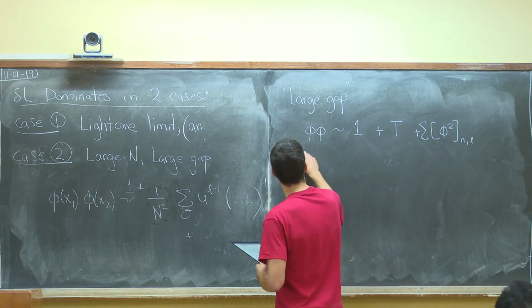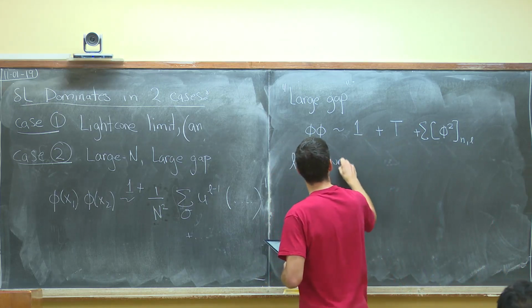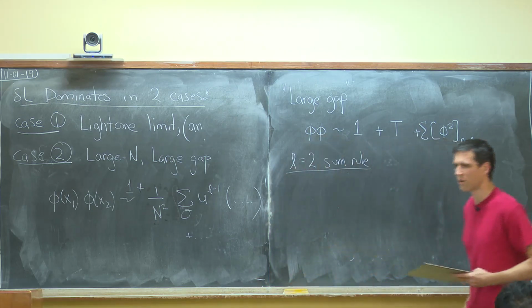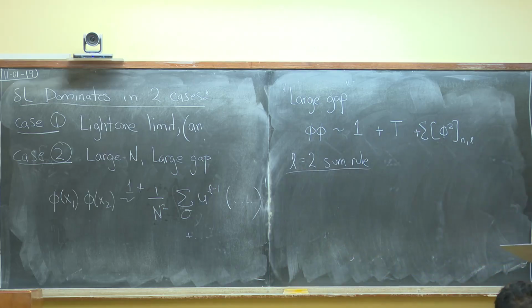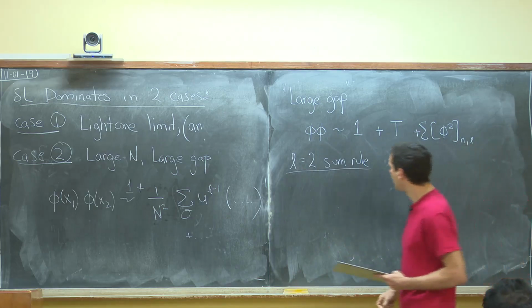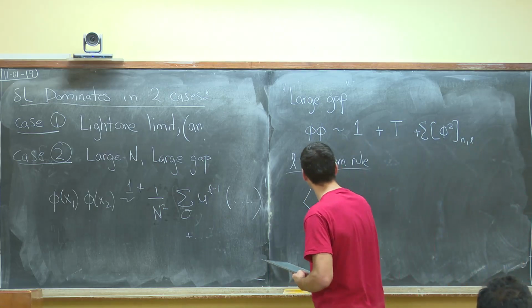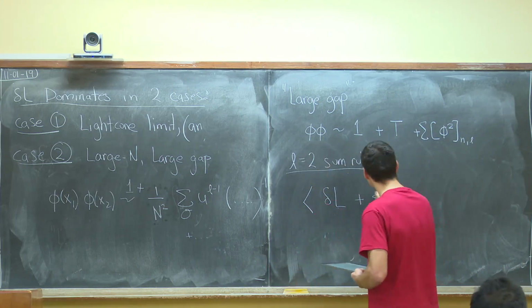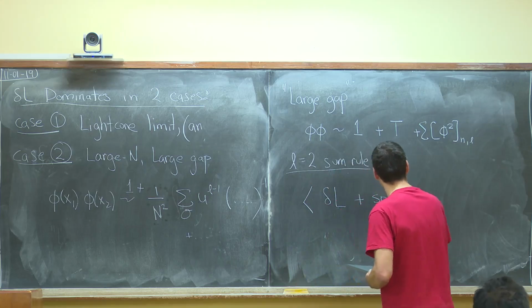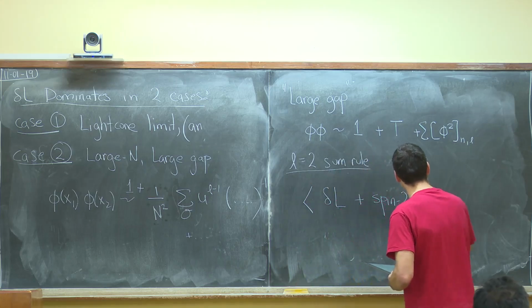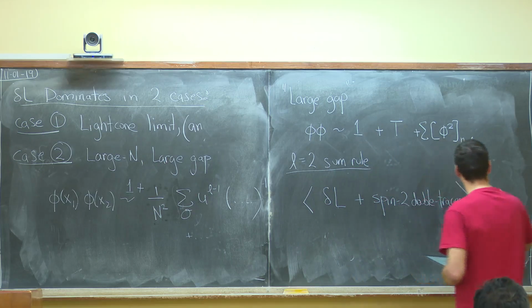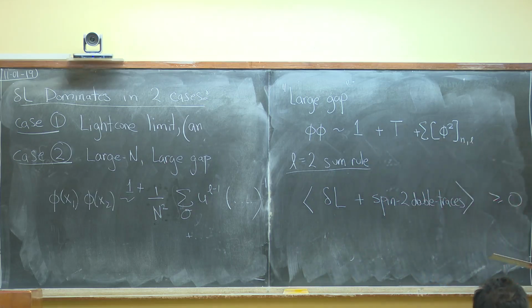That means that if we go back to the causality sum rule and try to derive that something is positive, we'll actually get something like this. We'll actually get delta L plus spin 2 double traces is a positive operator.